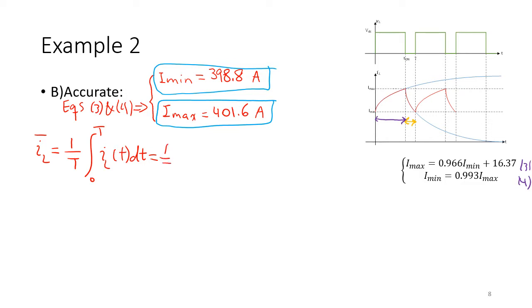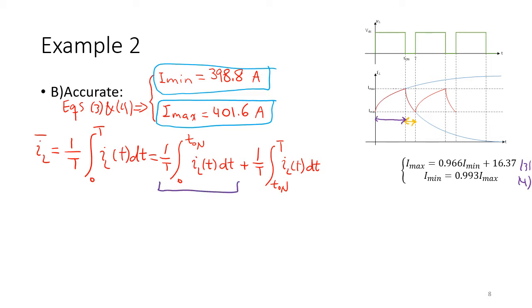It will be 1 over T, from 0 to T on, IL(t) dt, plus 1 over T, from T on to T, IL(t) dt. So this one is for this period in the purple here, and this one is for the off time, this period here.